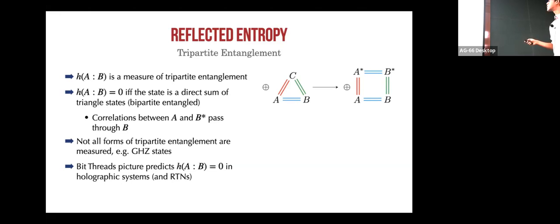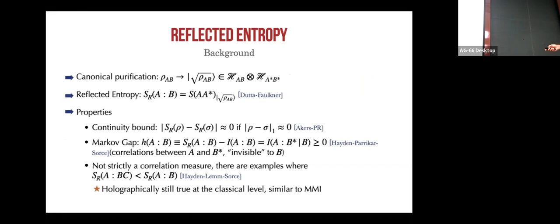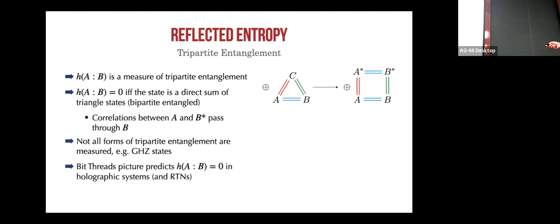And all the entanglement between A and B star goes through B. What about A star's entanglement? This was just one way of writing this thing. All I need to check for the Markov gap is whether this thing vanishes. This is just some heuristic thing I'm telling.